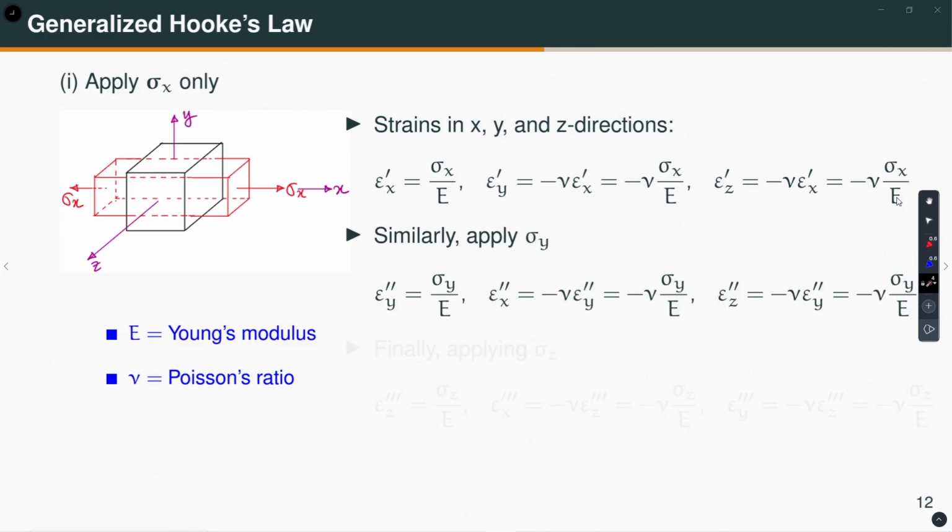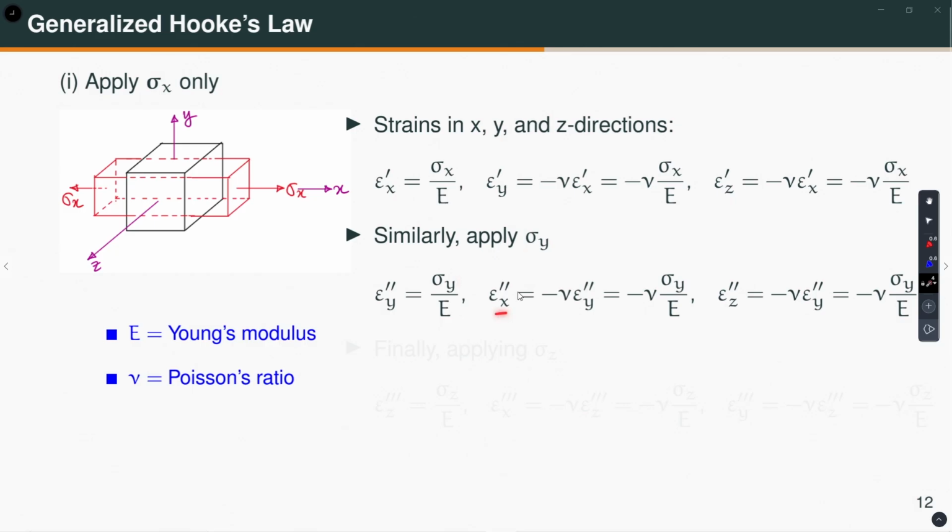Similarly, if I apply sigma y, I am applying one at a time. Sigma x I have applied, okay, in this direction. Now, I will be applying sigma y, okay, in the y direction. If I do that, then my normal strain in the y direction, which I am denoting by epsilon y double prime, is sigma y by E, as simple as that.